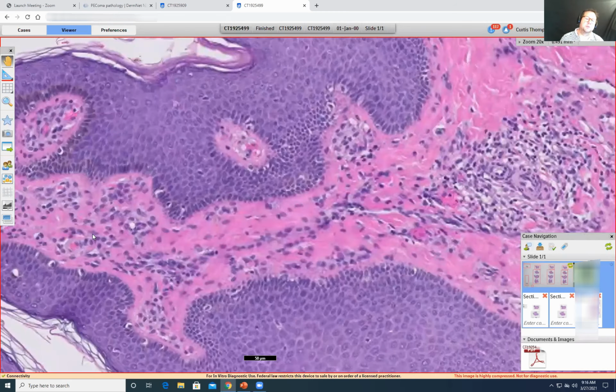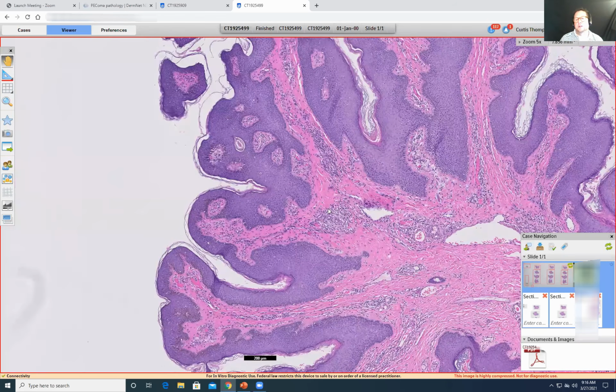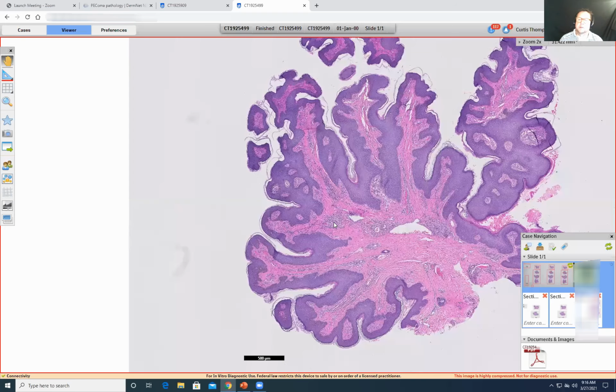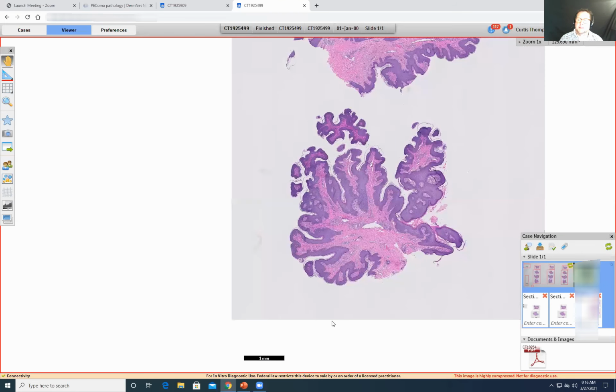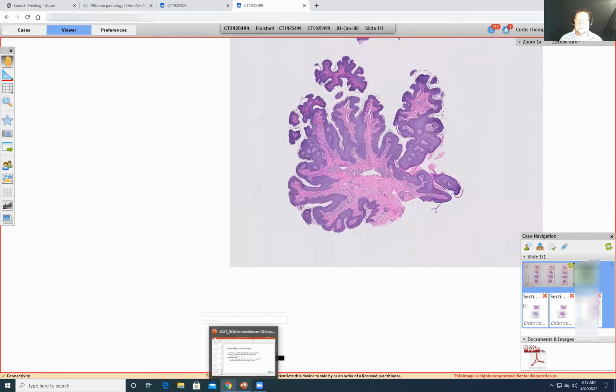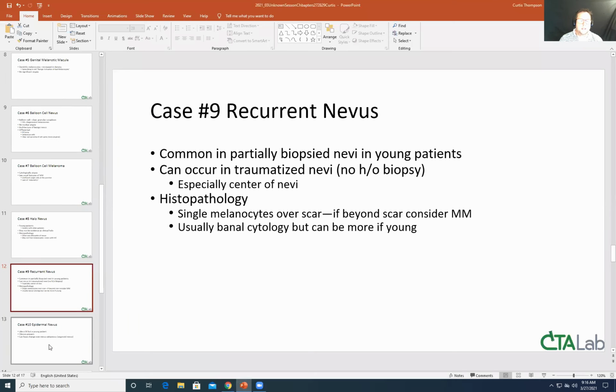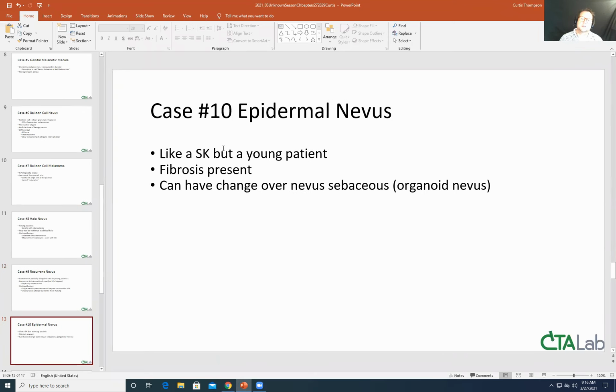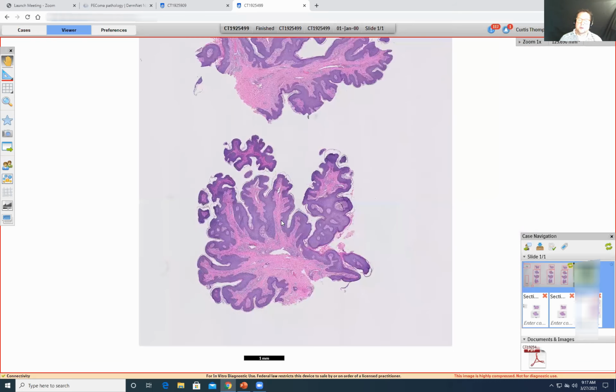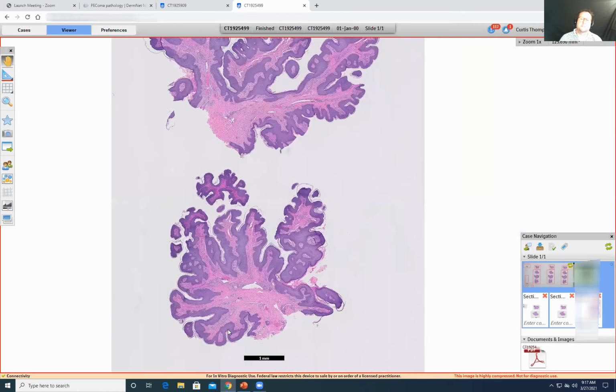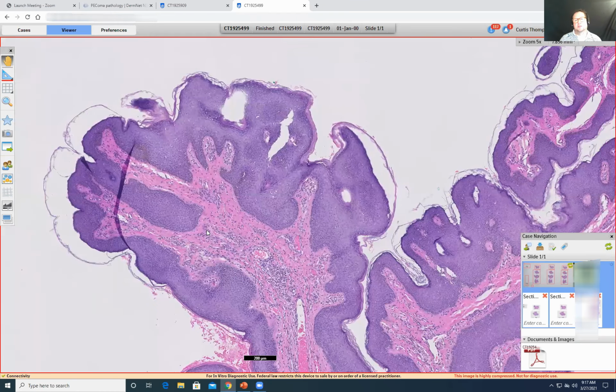And that's one of the features of it, is fibrosis underneath this hamartomatous proliferation that you see less in sub-Ks. That's probably the only way other than the age. So epidermal nevus looks like a sub-K, but in a young patient. And then just a comment, I'm not going to show you a nevus sebaceous, called an organoid nevus, but know that over an organoid nevus, a nevus sebaceous, you often have perfect epidermal nevus-like change.